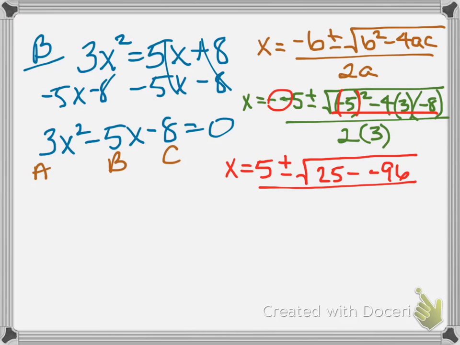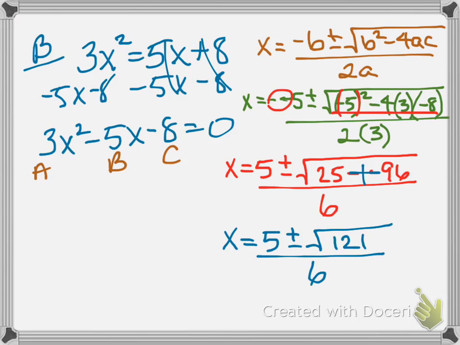And this is all divided by 2 times 3, which is 6. So I'm going to simplify here by changing this minus a negative to a plus. And now I can actually add that. x equals 5 plus or minus the square root of 25 plus 96, which is 121, divided by 6.